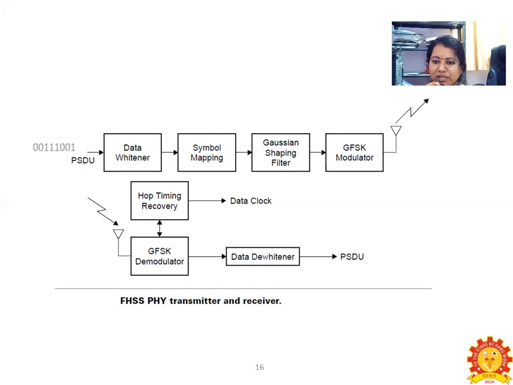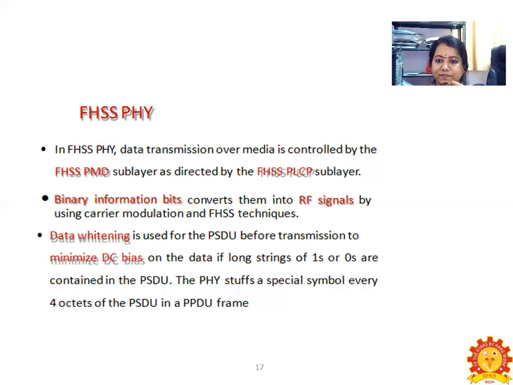From the Gaussian modulator, we do demodulation with the help of hop timing recovery, that is a data clock. By that, we get the data dewhitener. At last, we get the output as PSDU, which is the physical transmitter and receiver of frequency hopping spectrum.